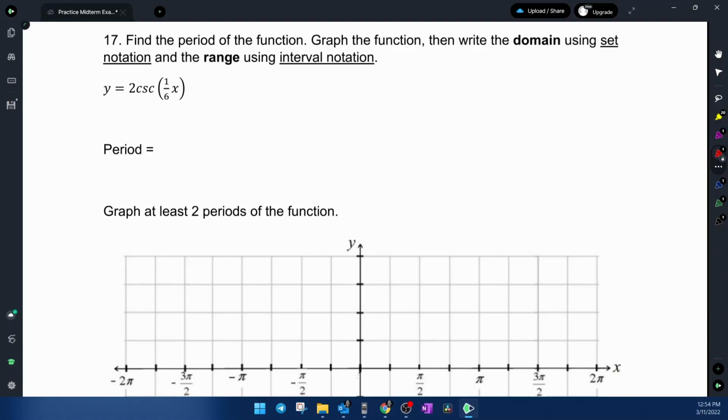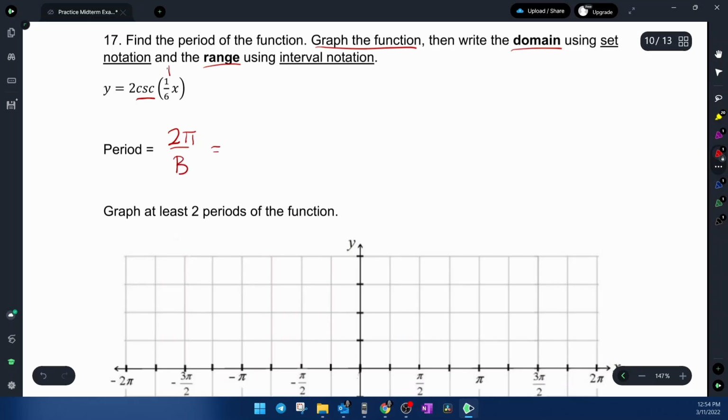Next, number 17, find the period of the function, graph the function, and then we need to write the domain in set notation and the range in interval notation. We know that for secant and cosecant, the period is also 2 pi/b.